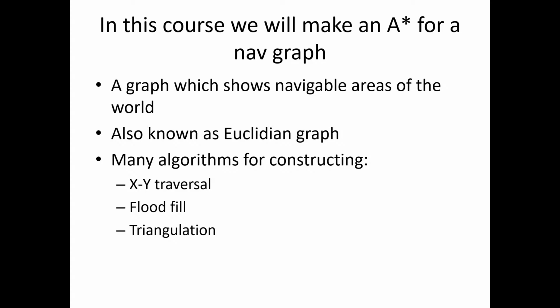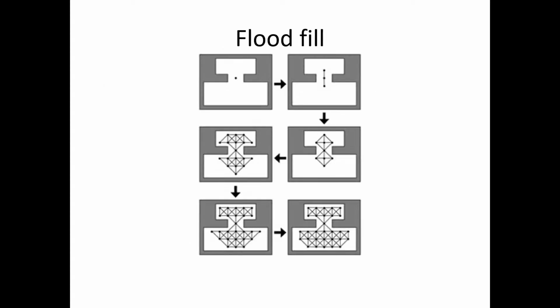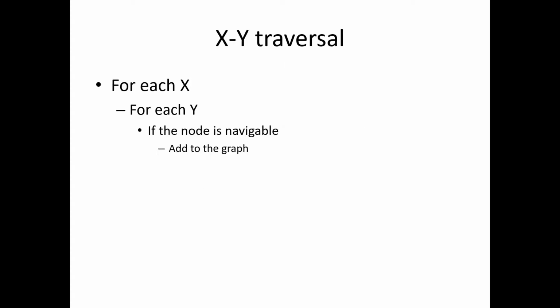Most video games use an algorithm called triangulation to make the navigation graph, which I'll show you. Some of this is not that relevant; these are old slides. There are loads of ways you can represent graphs, such as an adjacency matrix or an adjacency list. Flood fill: start at one node, expand outwards, and place nodes at intervals.